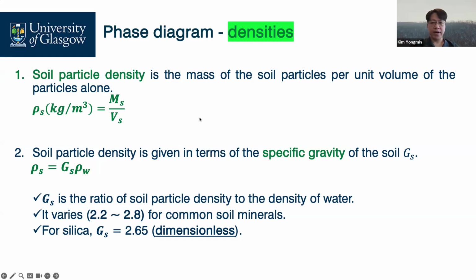And then we have a very interesting terminology, specific gravity, GS. Specific gravity is the ratio of the soil particle density to the water density. It varies between 2.2 to 2.8.